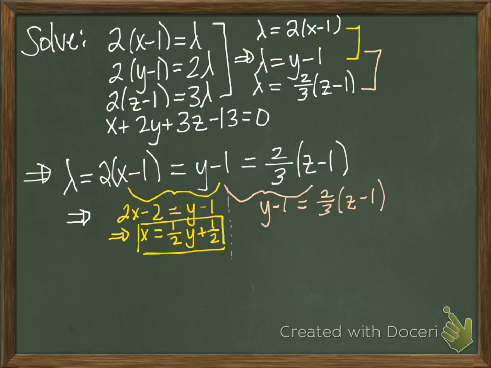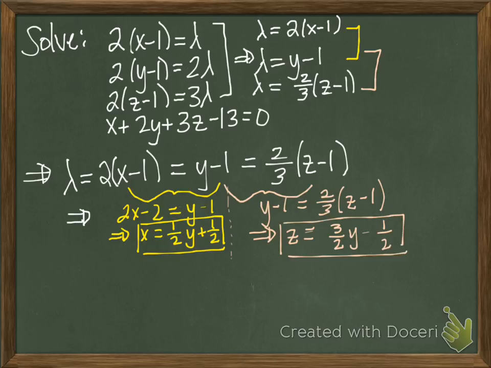And again, I can solve this for either y or z, but the trick here is going to be to pick whatever variable you solve things in terms of in the first equation. So we solve things in terms of y, got x by itself. We're going to want to do the same thing here. We're going to want to solve things in terms of y, so we're going to get z by itself here. So we're going to get z is 3/2 y minus 1/2.